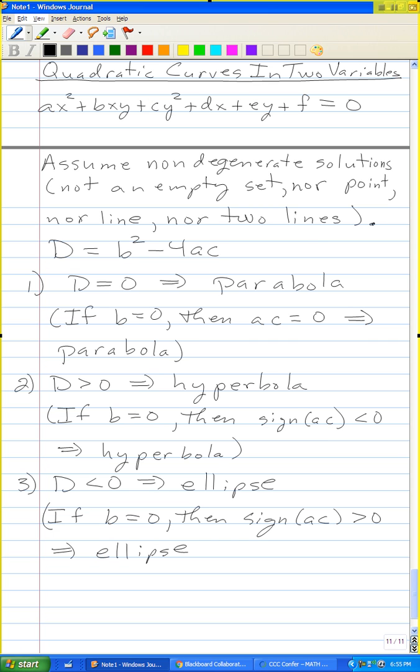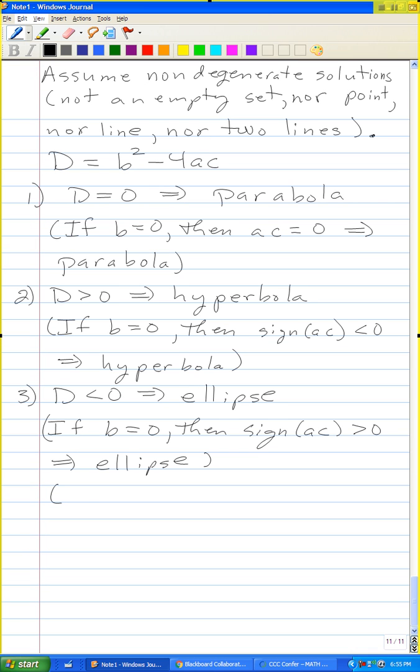In addition, not only is the xy term 0, but if the reason that the signs are the same is because they're actually the same numbers, then this will be a very special ellipse. It'll be a circle.